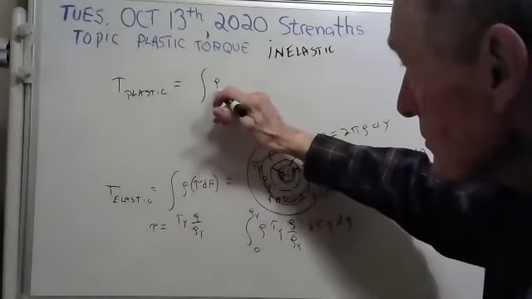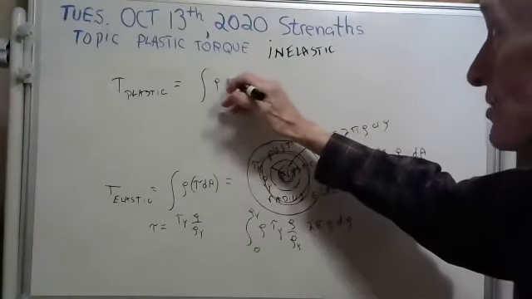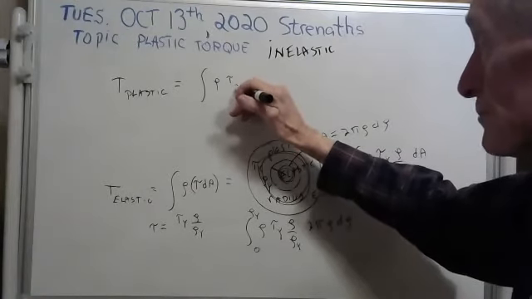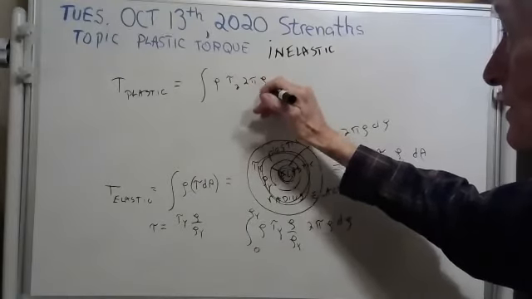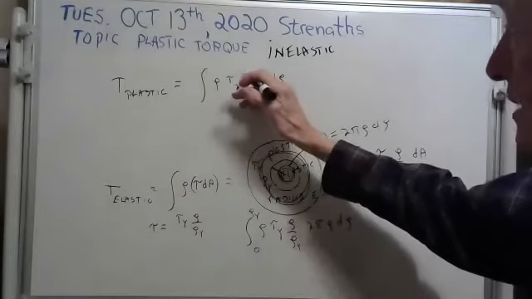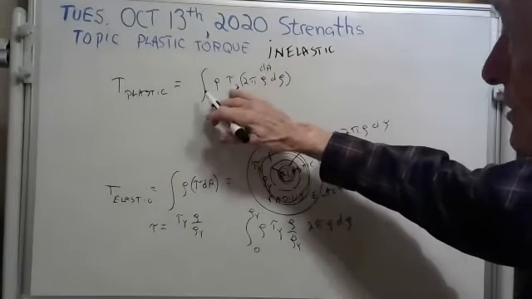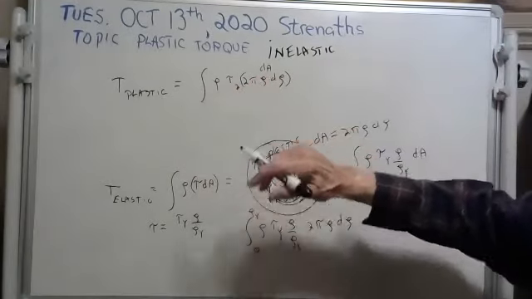It's your distance rho times your force, which is equal to tau sub y times 2 pi rho d rho. See, that's the area. That's your dA. And tau times dA gives you a force. Rho times the force gives you the moment.